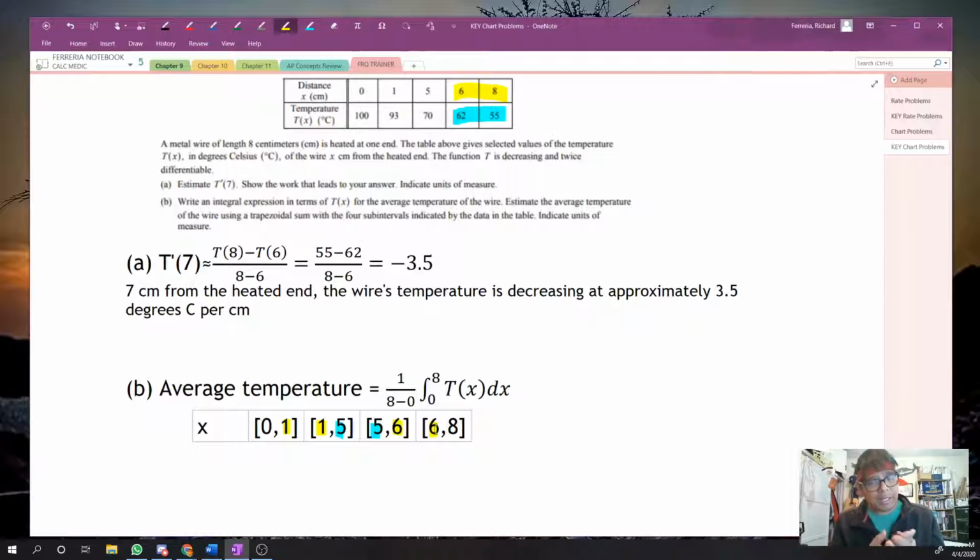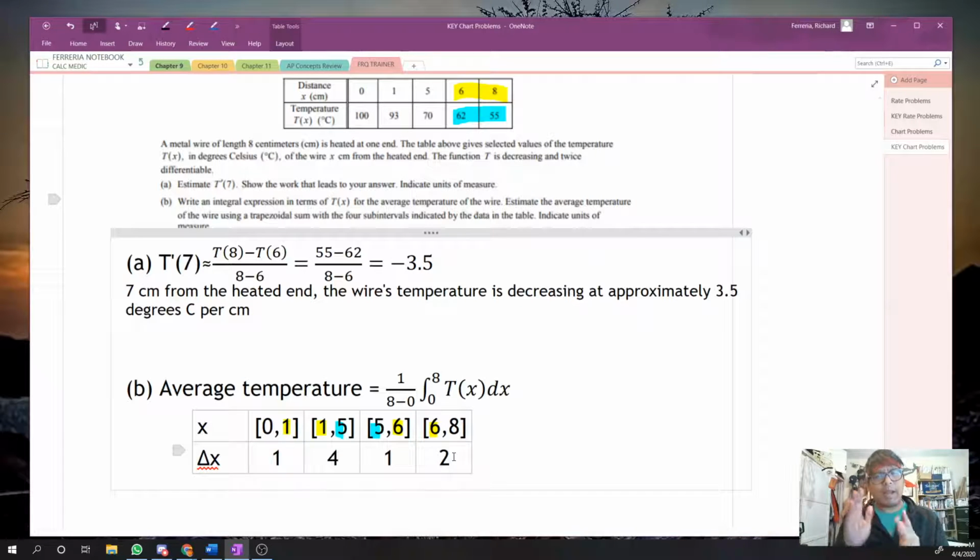Next thing is going to be delta X. Next would be the height, but we're not really figuring out the height. What we're actually doing is taking the average of the height on the left and the right. That's how trapezoids are computed.